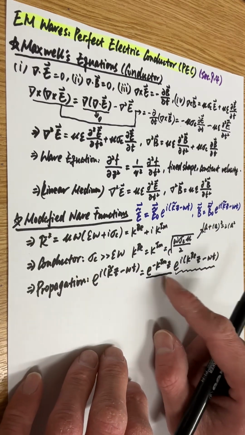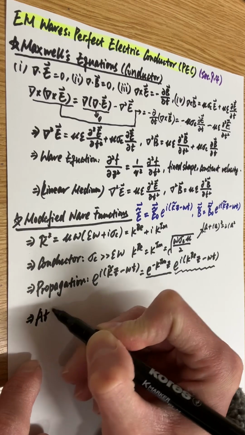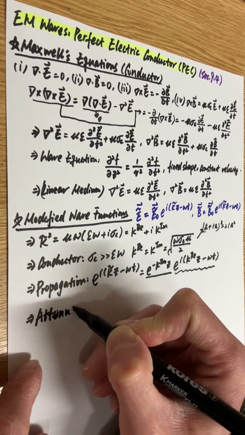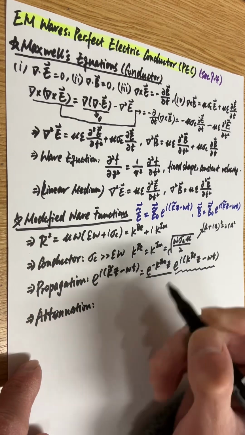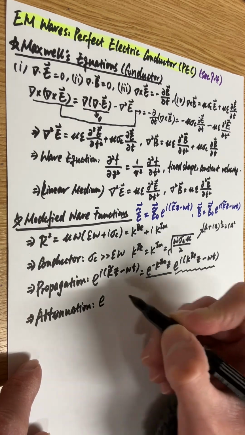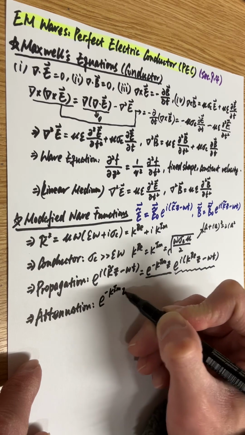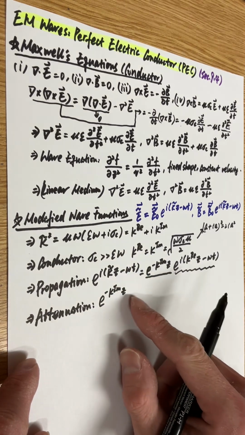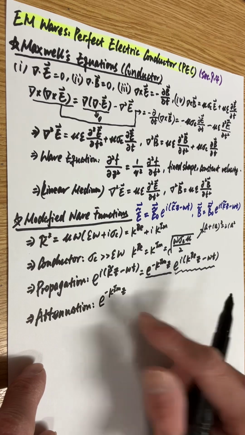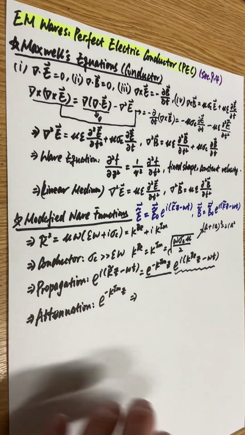So what is the other term? This is attenuation, which is determined by the imaginary part of kappa. And based on this, we have a definition of skin depth.